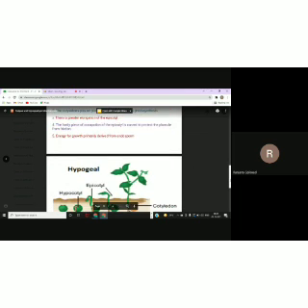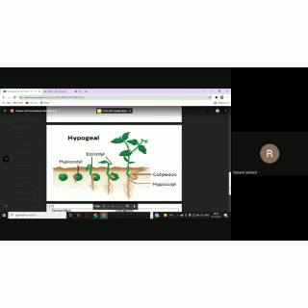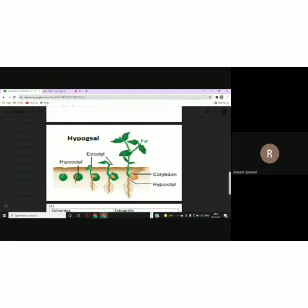Now let us study the hypogeal type of germination. Hypogeal germination is a type of germination in which, as you can see, the epicotyle is involved. Epicotyle is the region of embryonic axis above the point of attachment of the cotyledons.